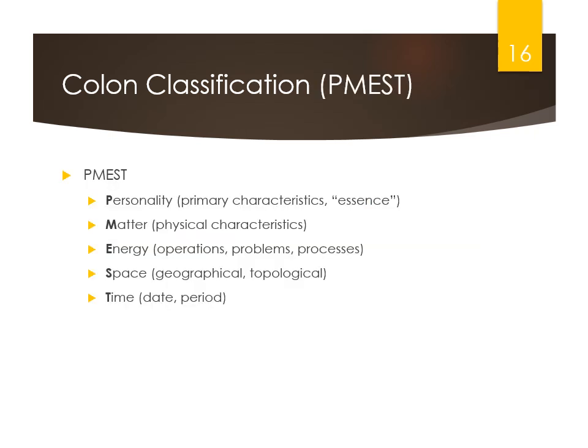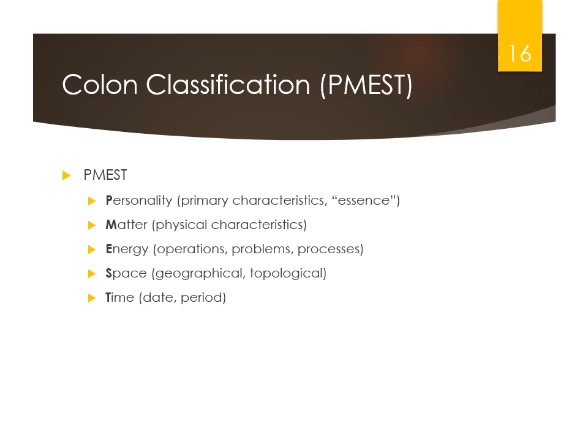Ranganathan identified five fundamental categories referred to as PMEST. P is personality, the focal or most specific subject. M is material or matter, a component, and maybe it can also be used for physical characteristics.